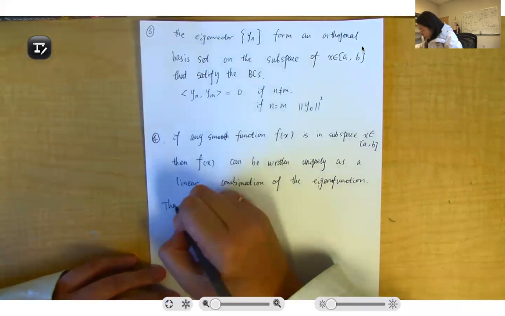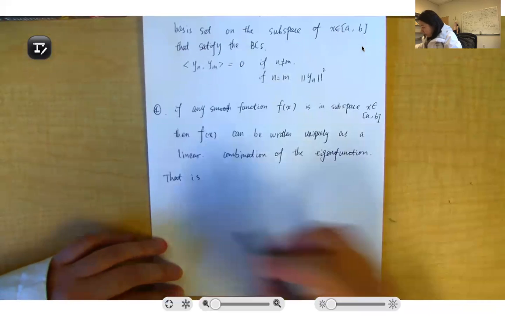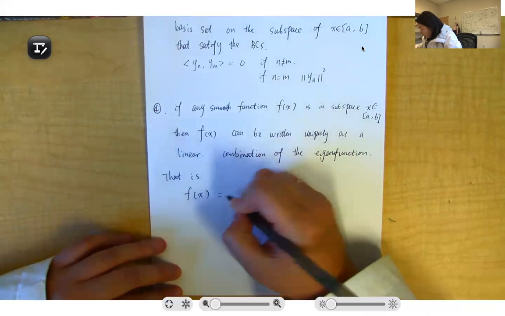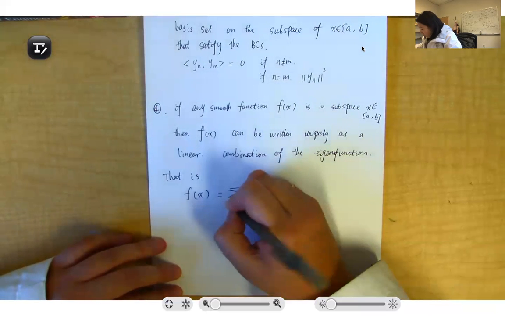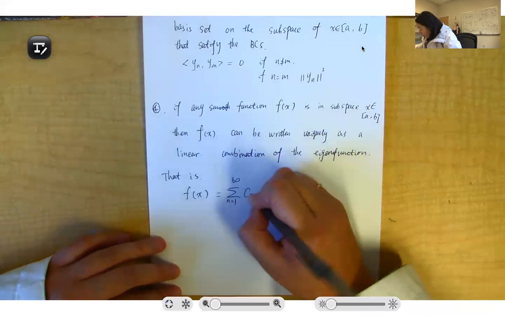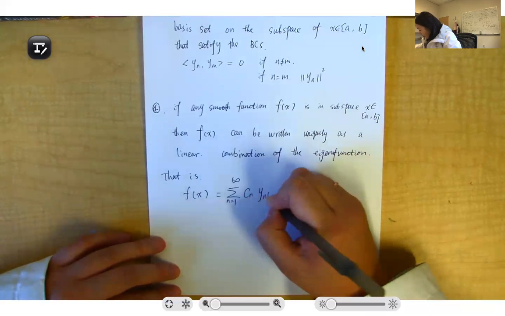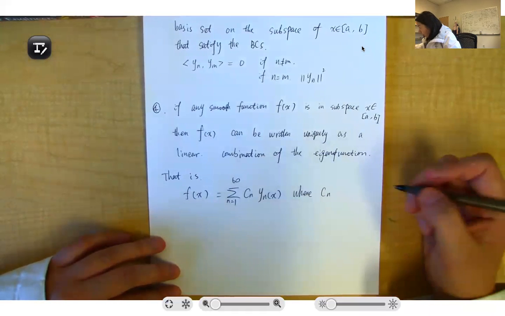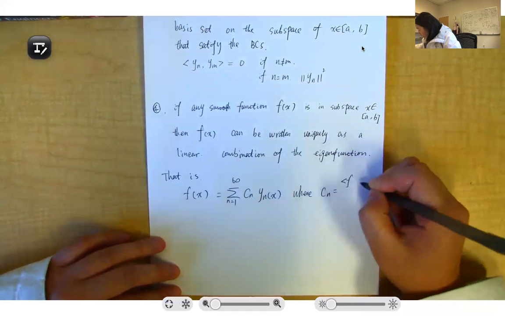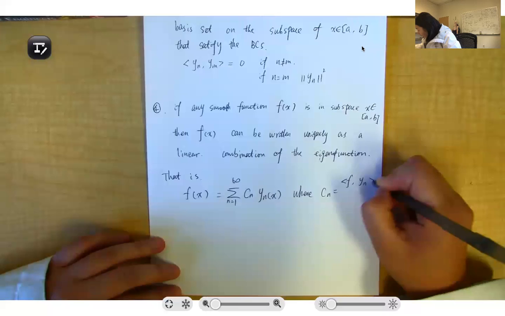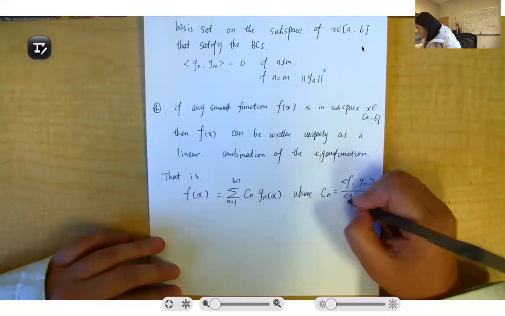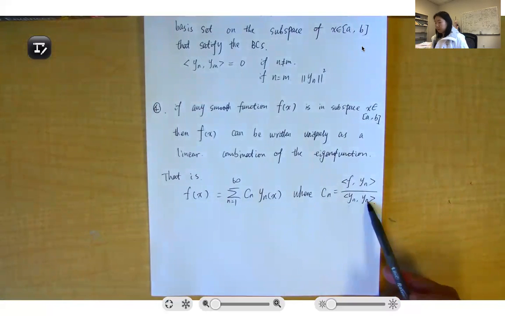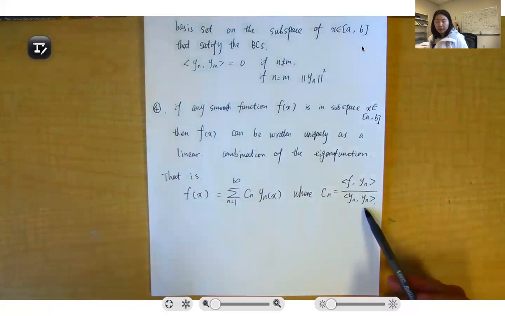That is, you have f(x) equal to the sum from n equals 1 to infinity of cn yn(x), where your cn will be equal to the inner product of f and yn divided by the inner product of yn and yn. Because if you have ym with n not equal to m, the orthogonal product will be 0, and it doesn't make any sense.